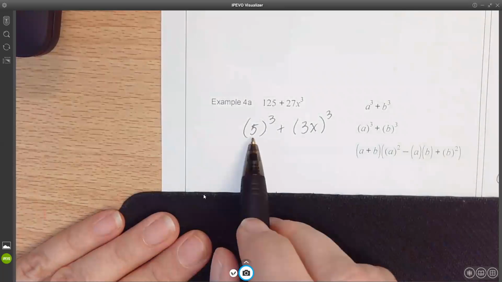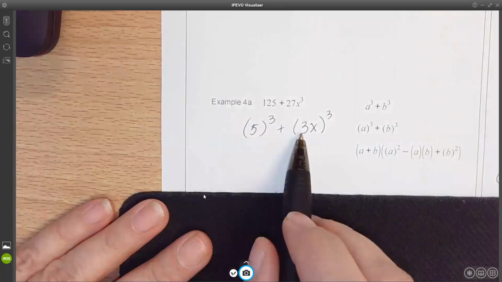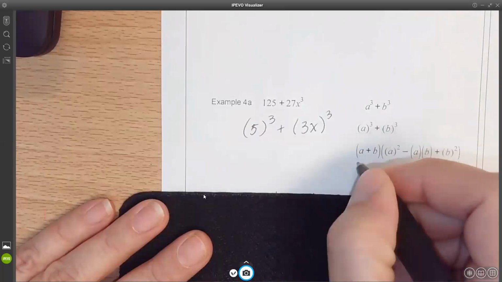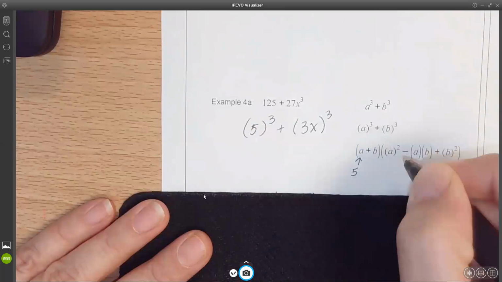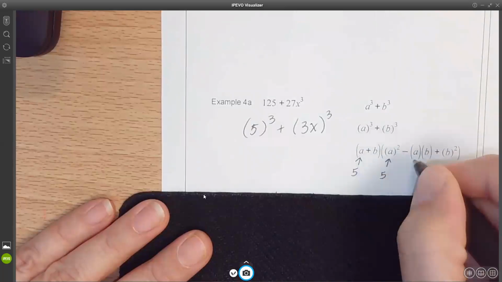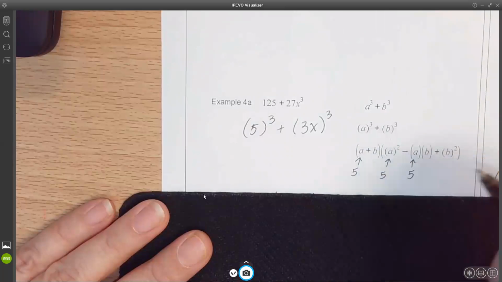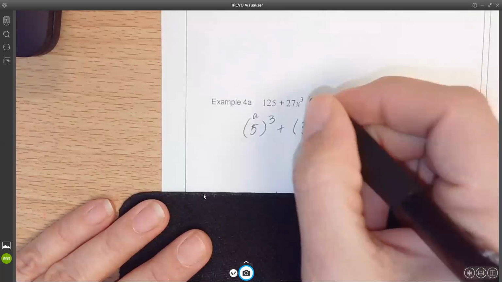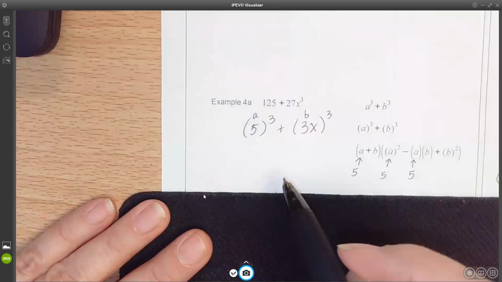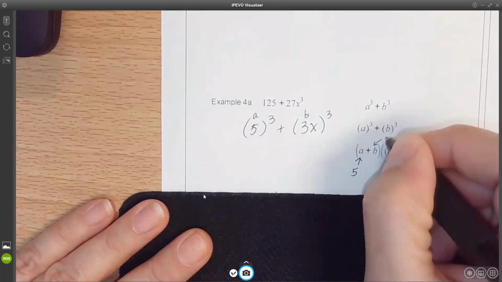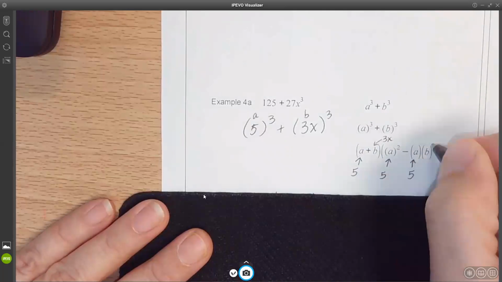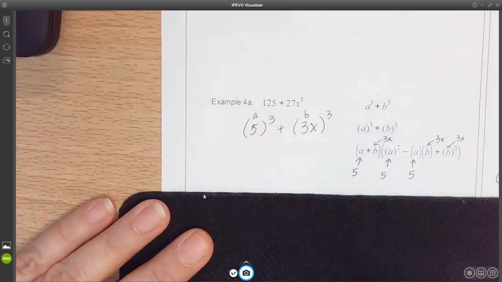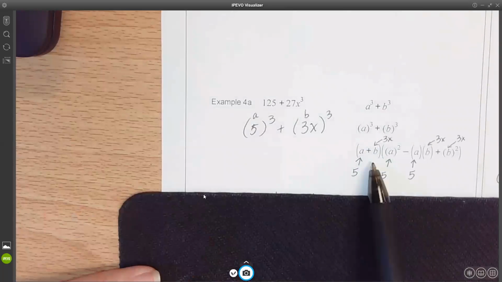I just substitute whatever the first cubic term is, everywhere there's an a. And the second part, I'm going to consider this to be a, I'll consider this to be b. So everywhere there's a b, I'll put 3x. And I substitute into this pattern.